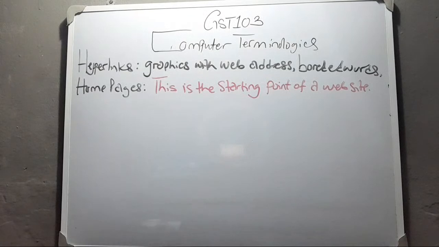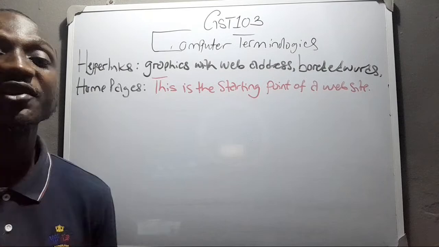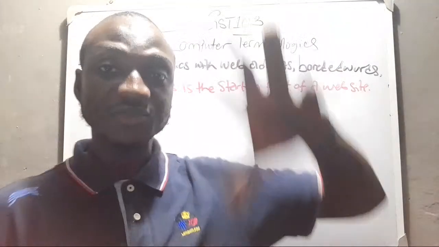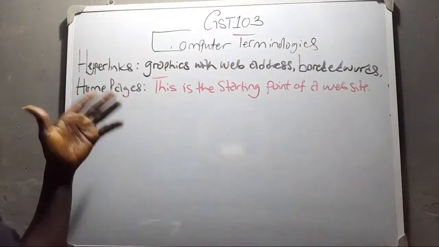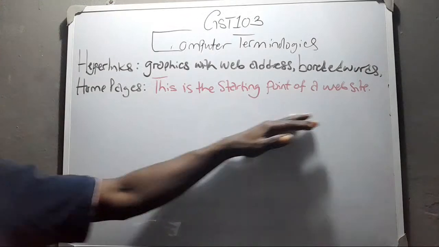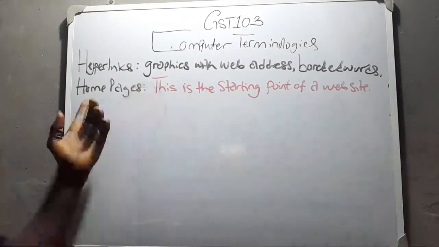When you type www.nowonline.net on your browser, the very first interface you are seeing is the home page of the website. So it is the starting point of the website. That is the home page.